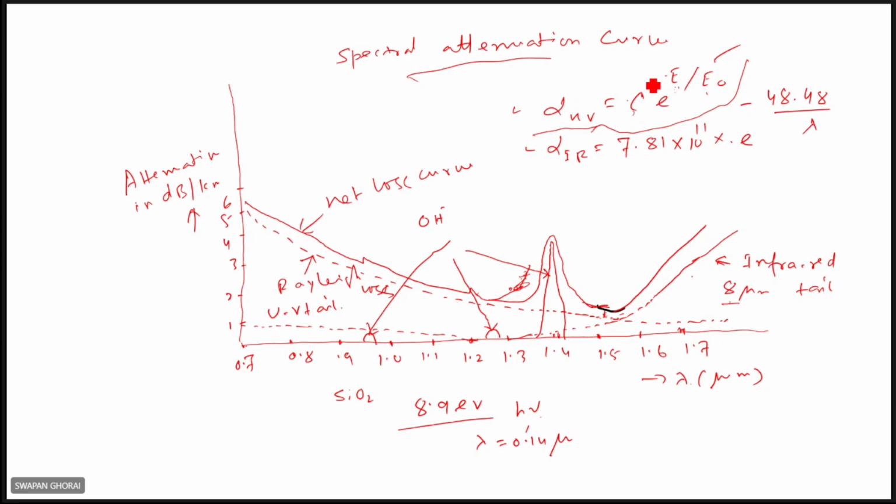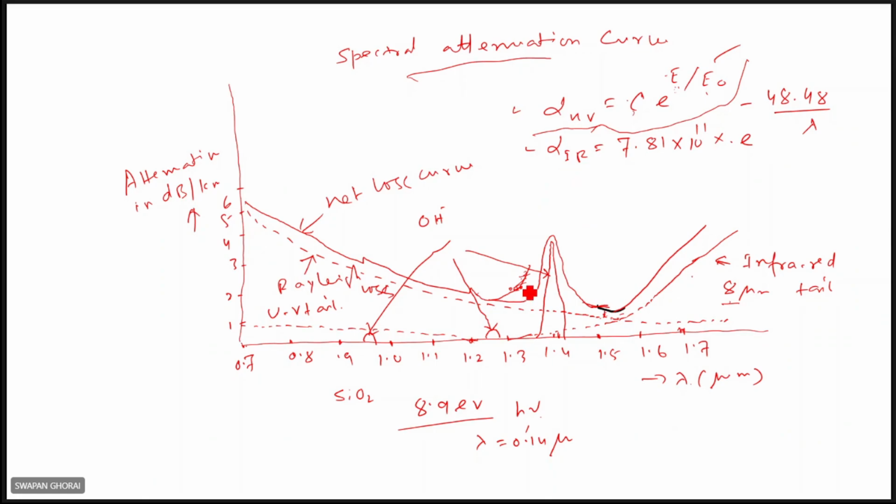E is inversely proportional to lambda: E equals h nu, equals hc by lambda. So ultraviolet absorption decreases exponentially if you increase the wavelength. That's what we have seen: the UV tail decreases exponentially if you increase the wavelength of light. Some other expressions are also there, but I'm just showing one.